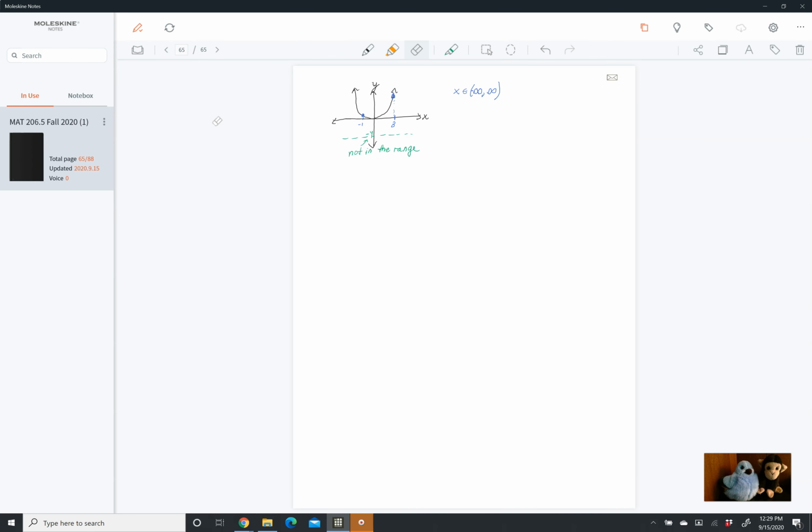The only ones that are in the range are the ones that are greater than the vertex. So like here, at 2, we hit the graph. We hit it twice, that's fine. Remember, horizontal lines don't test for a function, only the vertical lines. So we hit this graph more than once, that's okay. But we do hit the graph. This is 2.